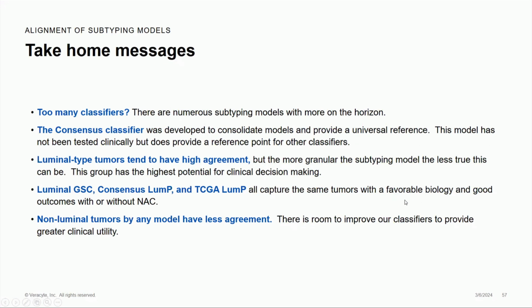And this is important again because all these subtyping trials are using TCGA luminal papillary, and they're taking these patients direct to cystectomy, and we're providing evidence using our model that this actually makes sense to do so. And non-luminal tumors are still providing a lot of opportunity, I think, to do some reclassifications.